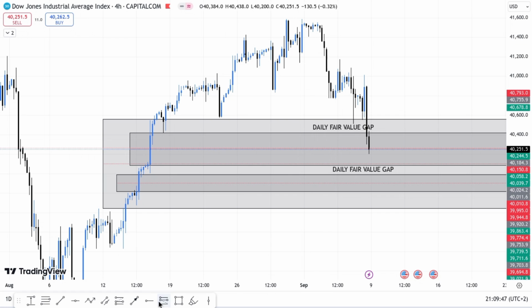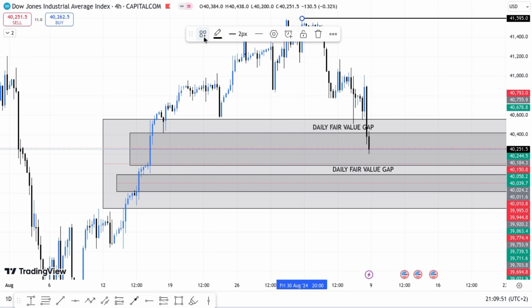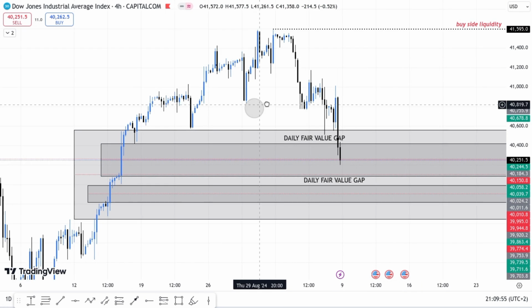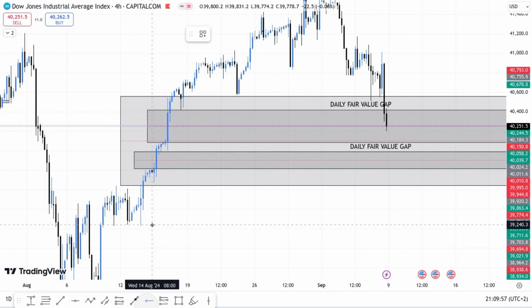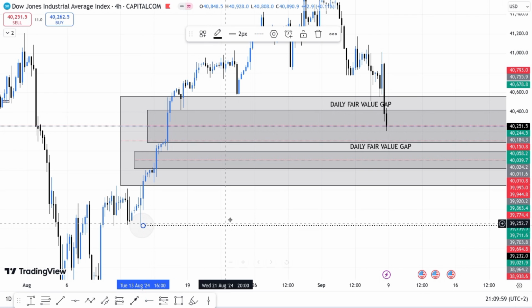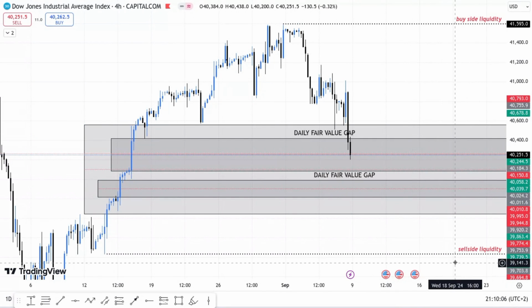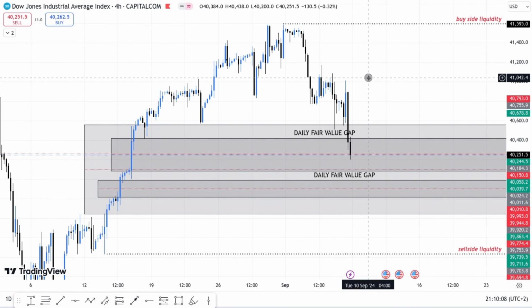Let me mark out these buy side liquidity. And then we would have sell side liquidity over here. Hopefully price can come either for the sell side liquidity or the buy side liquidity. We can just wait and see what price does for the week.